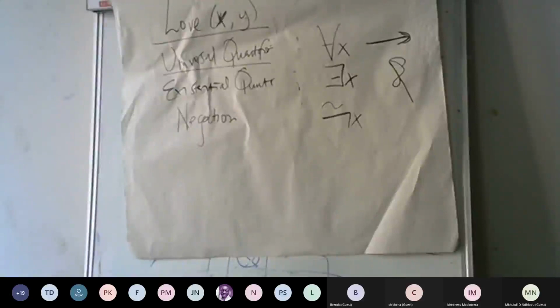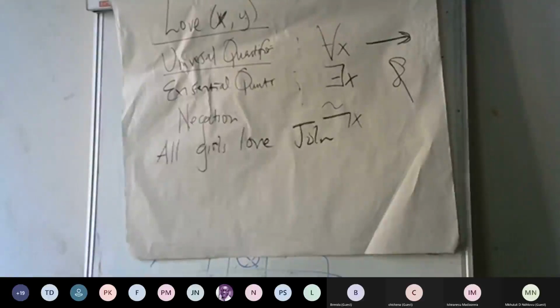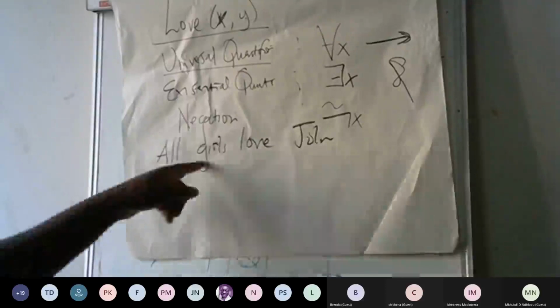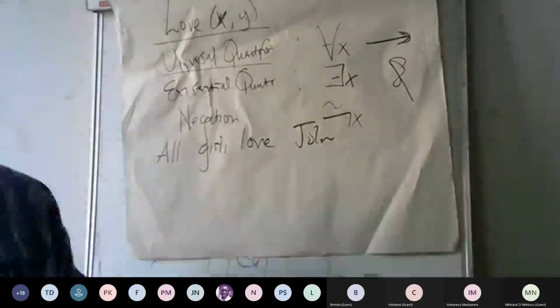Now, for example, we can say that all girls love John, right? So what does it mean? It means that if you are a girl, then definitely you've got a thing for John.